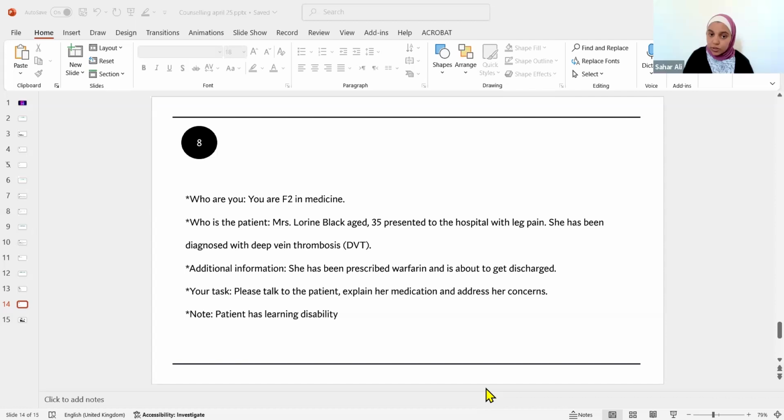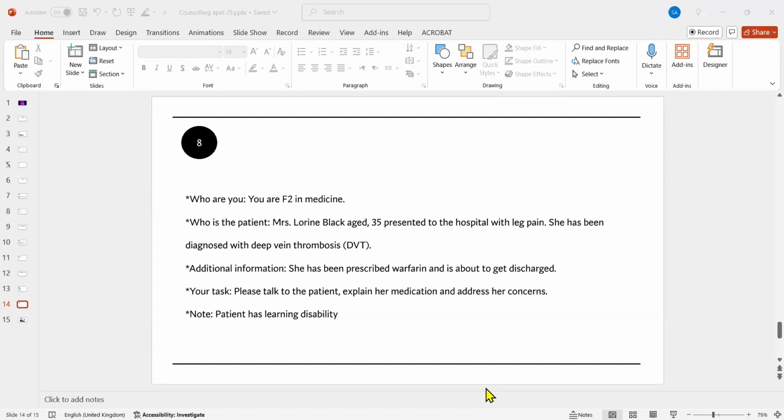Data gathering was organized and relevant, just you missed asking about the bleeding tendency. You can also ask about safety at home, especially in elderly patients, but the patient is young in this case. If the patient is elderly, you have to check safety at home, all right?